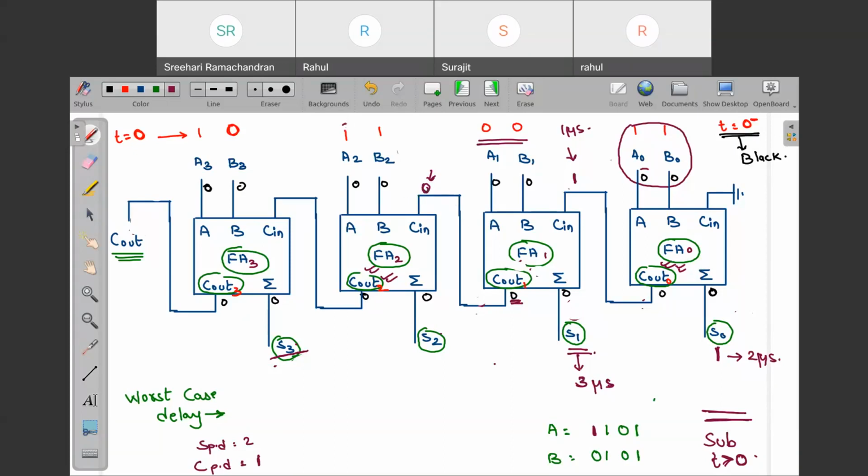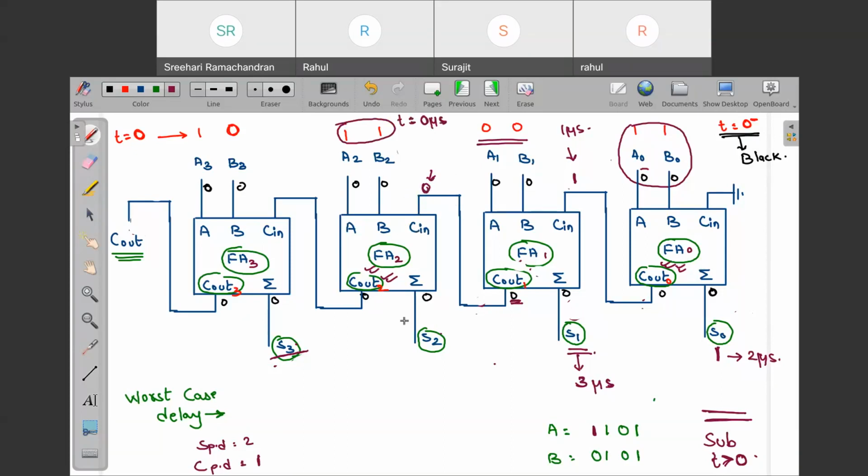But look over here, this input was applied at t equal to how much nanosecond? Sorry, microsecond, I am continuously saying nanosecond. This was present at t equal to 0 microsecond. As this full adder had its C in present from 0 minus time.